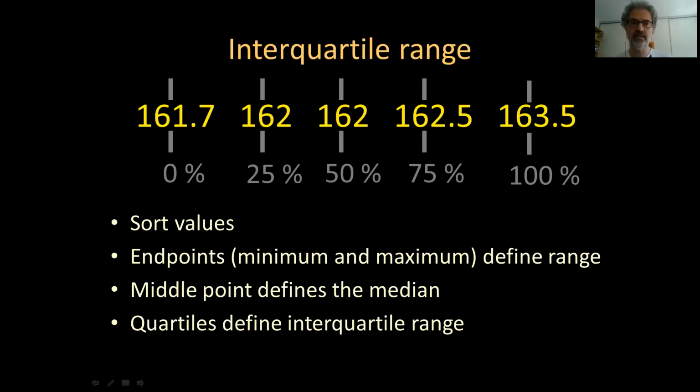This is our center, 50%. The interquartile range is simply the range that is spanned by this central 50%. So if you throw out the 1/4 smallest measurements and the 1/4 largest measurements, and you only retain the central half, the range of that half is the interquartile range. And in this case, it is equal to a 1/2 centimeter.